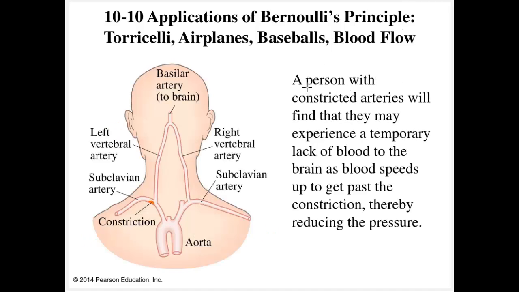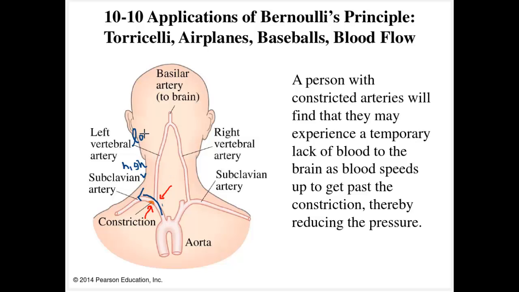Bernoulli's principle also has applications to the medical field. If we have someone that has a constricted artery, then the blood is going to have to flow much faster over here to get by that constriction, so we're going to have a high velocity.